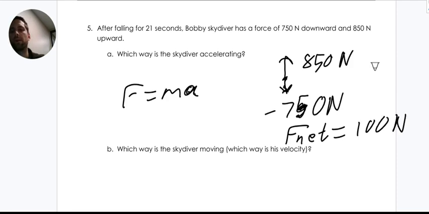If we have a positive net force, we have a positive acceleration, as these are similar vectors. Because mass is not a vector, it's scalar. So positive force, positive acceleration, because force is directly related to acceleration. So the skydiver is accelerating upward.